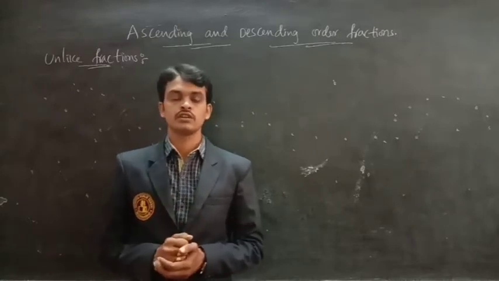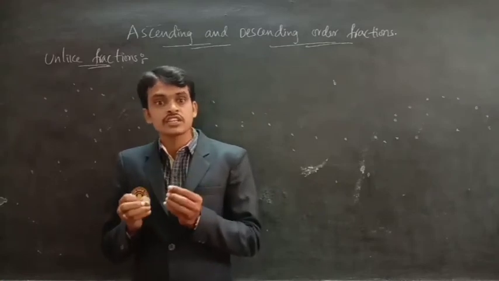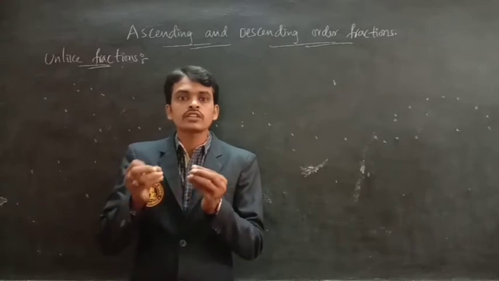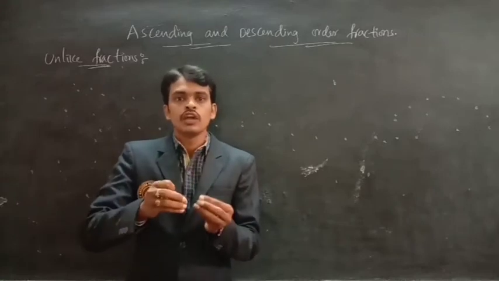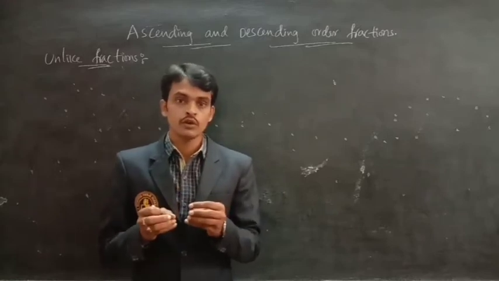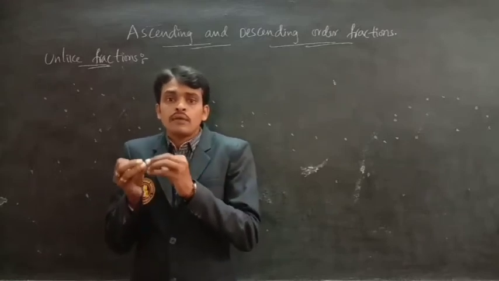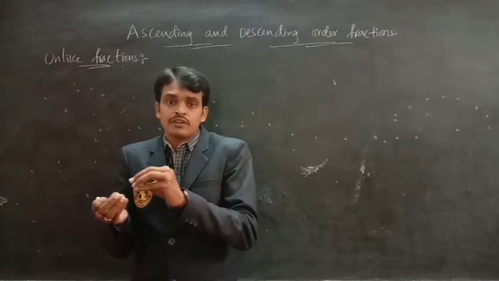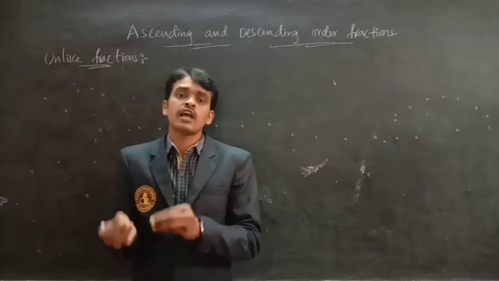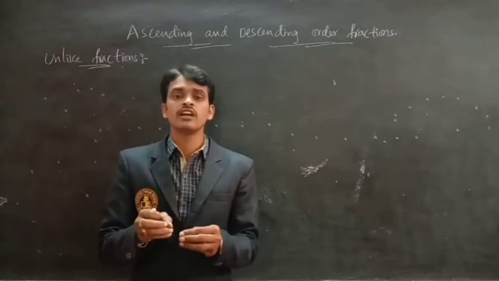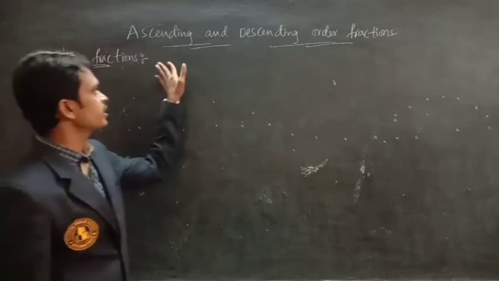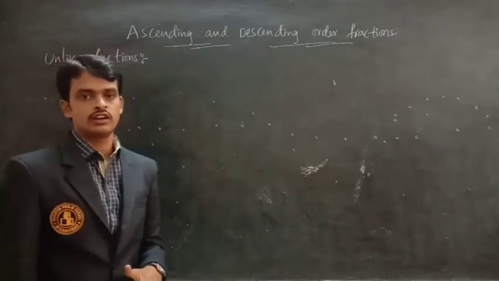To compare such unlike fractions, we must convert them into equivalent like fractions. Then we will find the ascending and descending order.